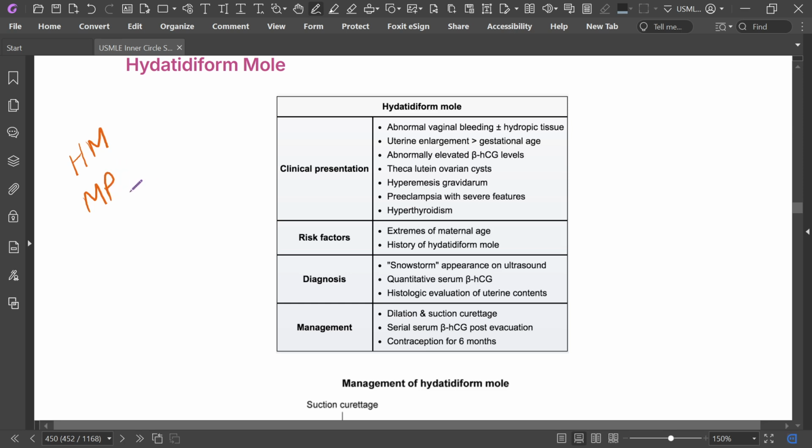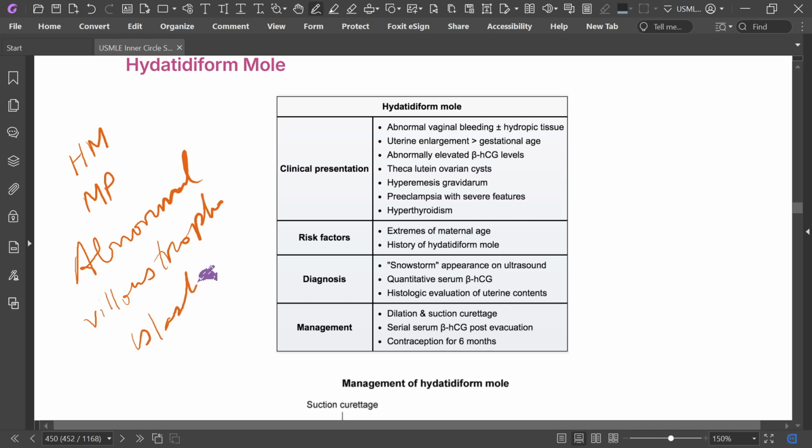Molar pregnancy is a type of gestational trophoblastic disease characterized by abnormal villous trophoblastic tissue growth. It is classified as a complete mole or a partial mole.